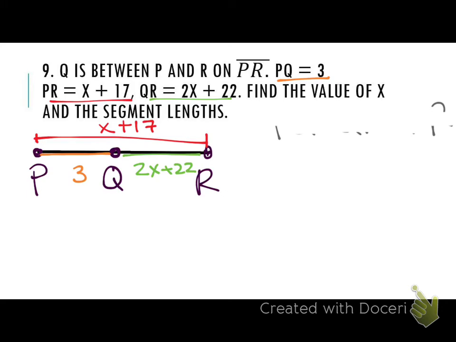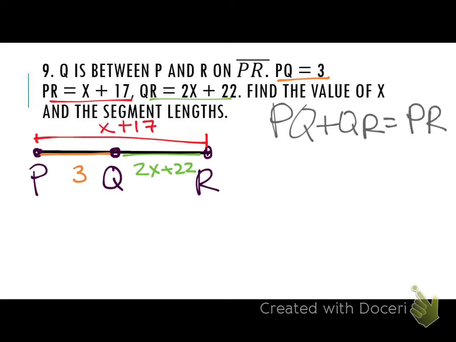It is 3. So PQ is 3. We're going to add it to QR, which is 2x plus 22. Correct, 2x plus 22. And they will equal PR, which is x plus 17.